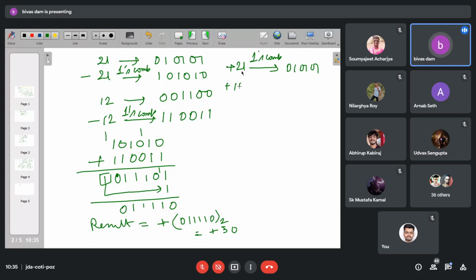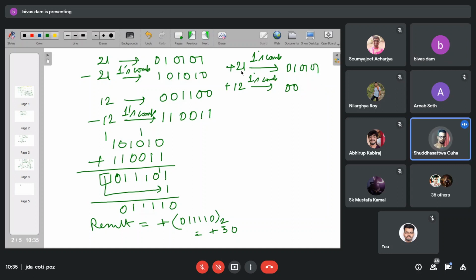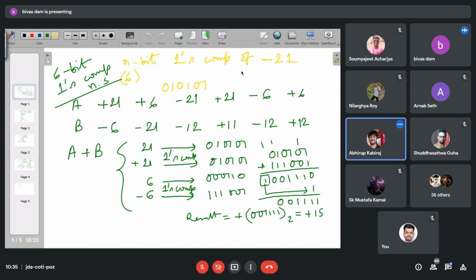And plus 12's one's complement is the same unsigned pattern, 0 0 1 1 0 0. Plus 11. Oh, it was 11, sorry. No problem. 11 plus 12, 21 plus 1.